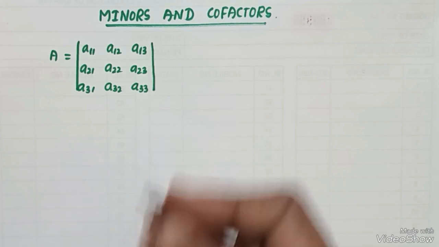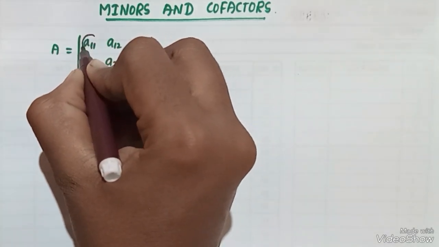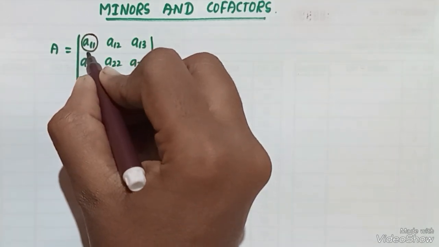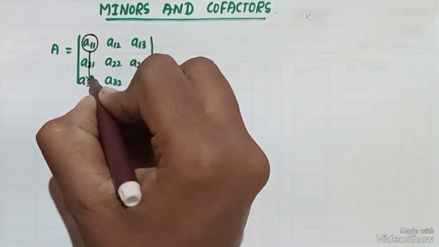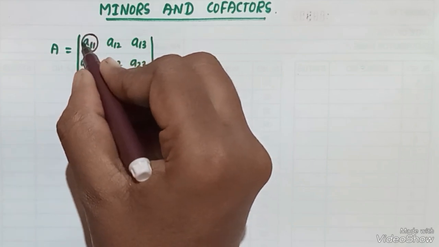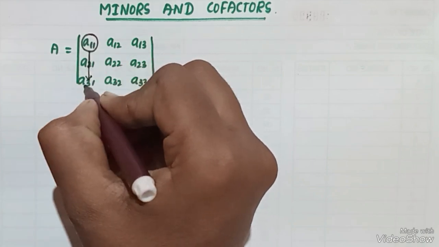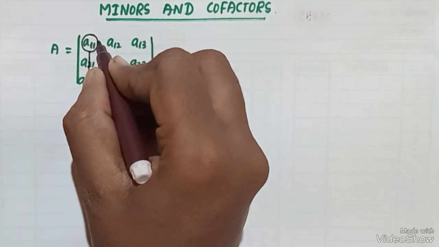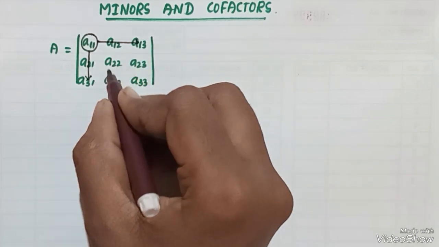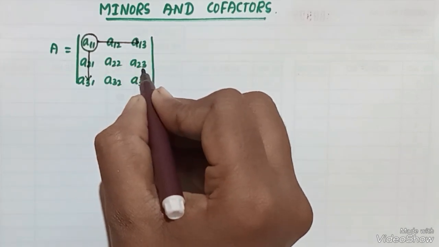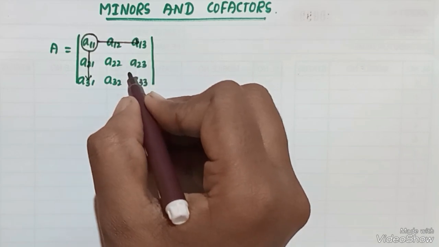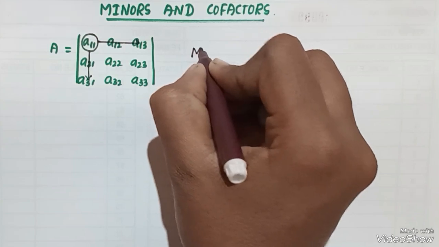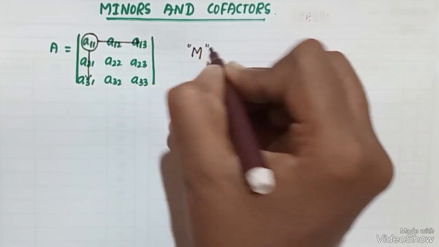Minor of any element is obtained by neglecting the row and the column in which that element lies, that is, neglect its row and column, then calculate the determinant value, which is the value of the minor. Usually the minor is written with a capital letter.